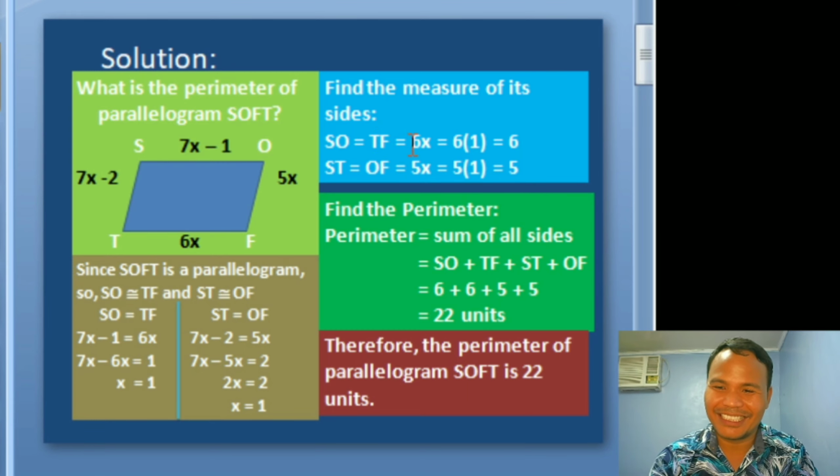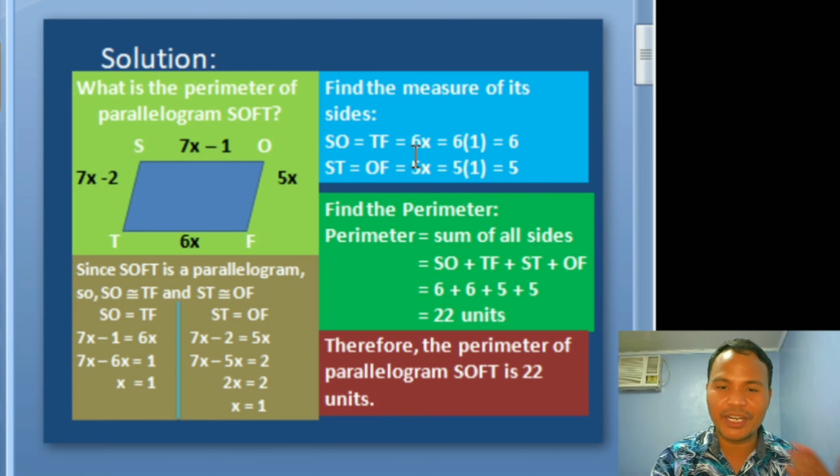In finding the length of SO and TF, we substitute the value of x that we already solved, which is equal to 1. So 6x times 1 is equal to 6. So SO and TF is equal to 6. And for ST and OF, we use 5x because it's much easier than 7x minus 2. So by substitution, 5 times 1 is equal to 5.